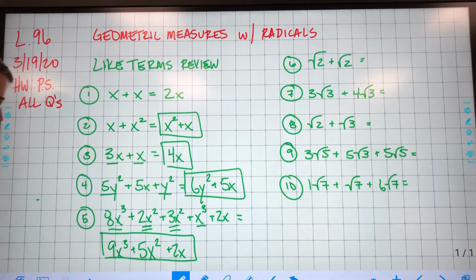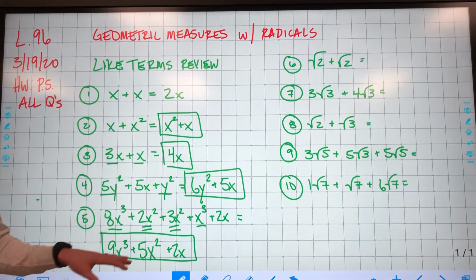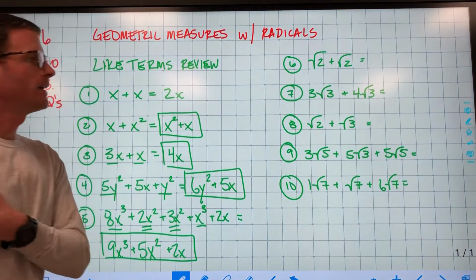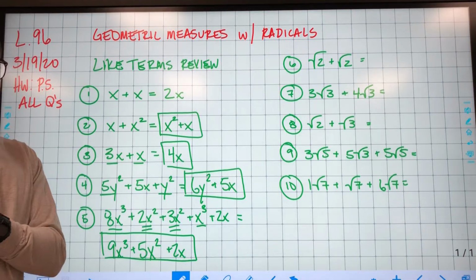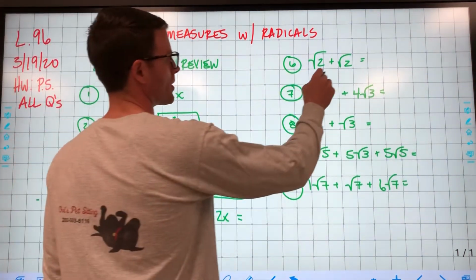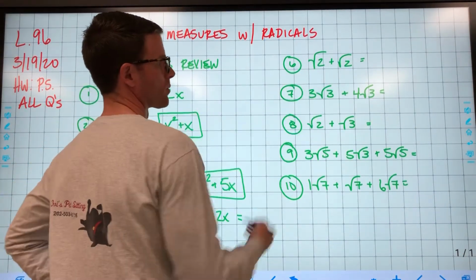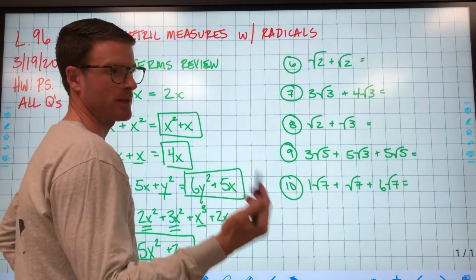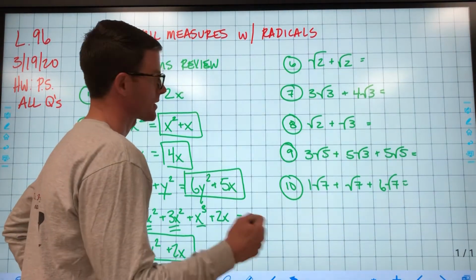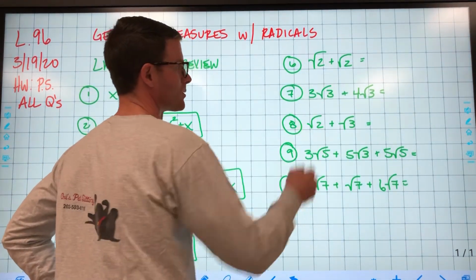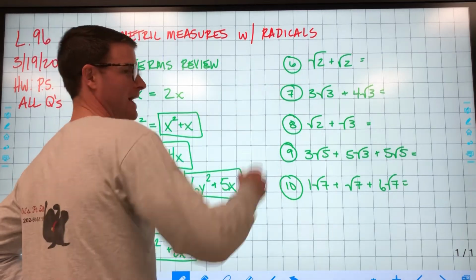All right, these same rules apply over here. In order to add radicals, I need to have the same number inside the radical. So root 2 plus root 2 is the same as x plus x. The only thing that changes when I add radicals is the number outside the radical.